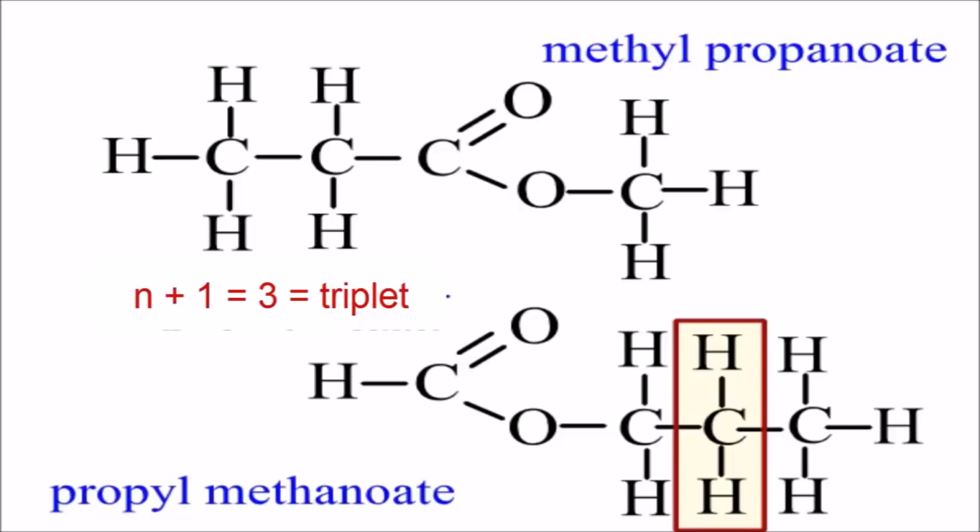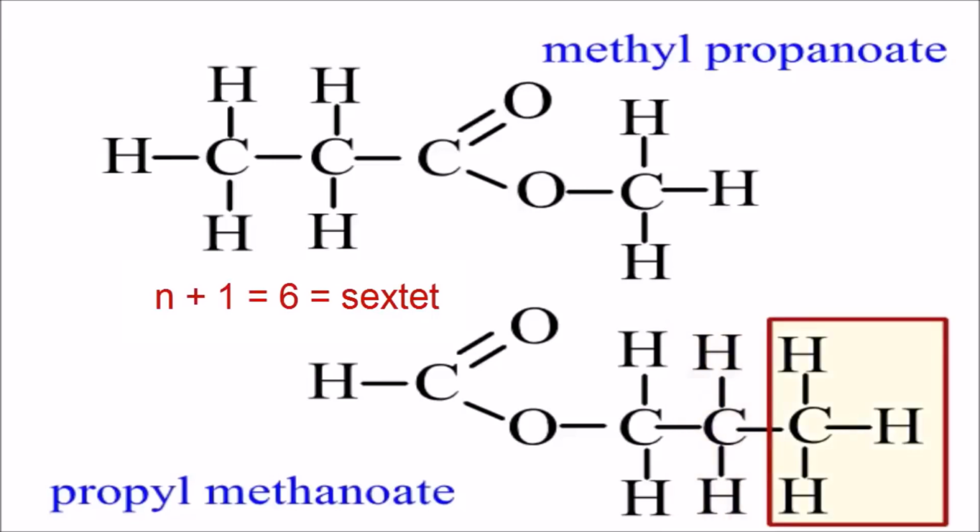It's got 2 on the carbon to the left of it and 3 on the carbon to the right of it, so that's 2 and 3 is 5. Put 5 into the n+1 rule and you get 6. That will be split into a sextet, it's called. And the CH3 there has got 2 adjacent protons, so that'll give us a triplet.